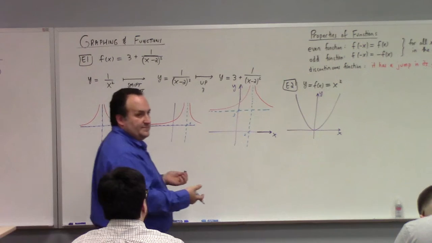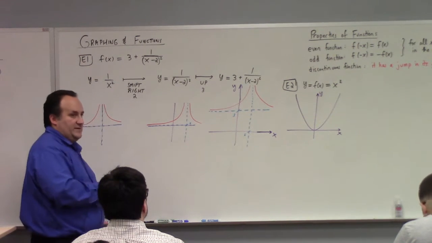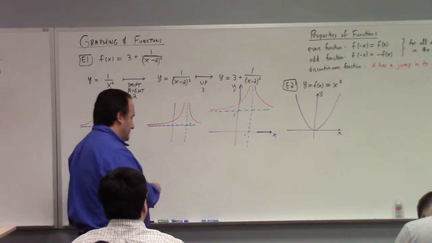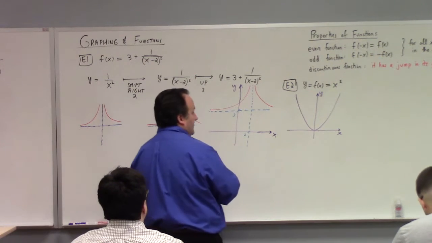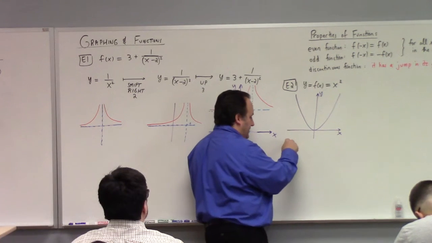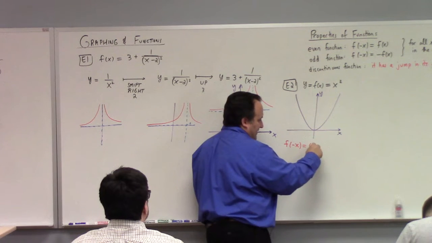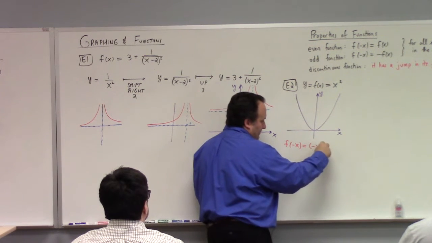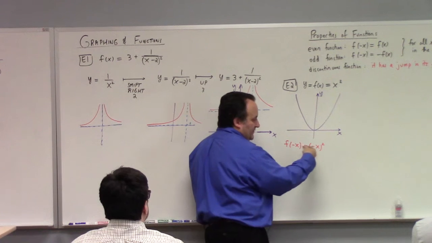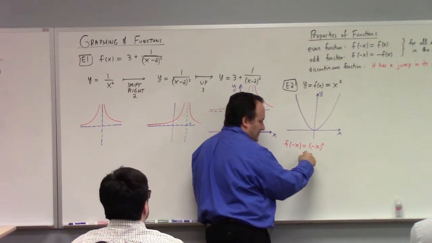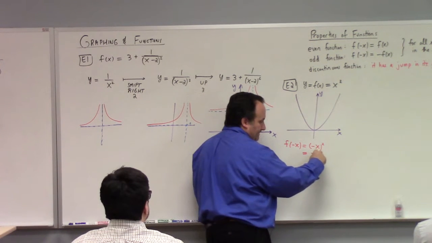So there's the graph. Is this an even function? Well, let's try it out. So f of minus x, what does that equal to? Minus x quantity squared, right? When you square the minus x, you get x squared, right?